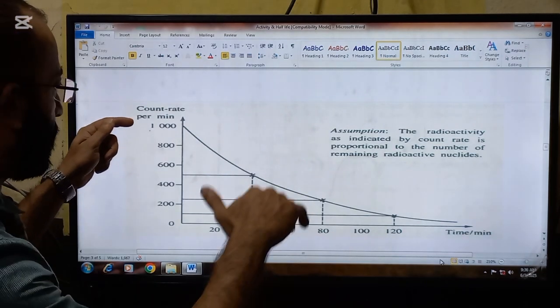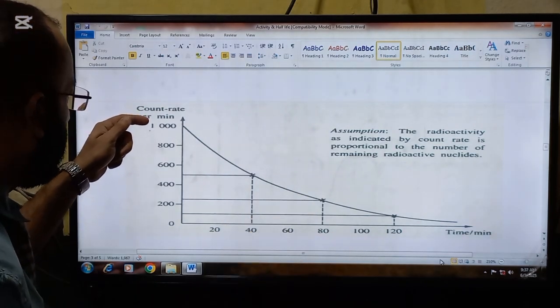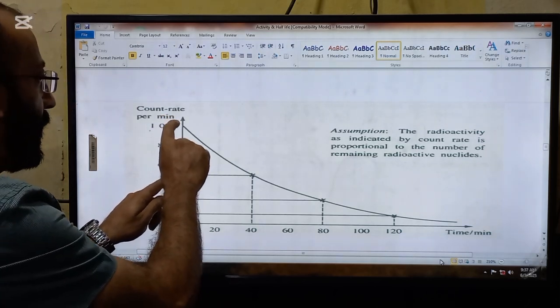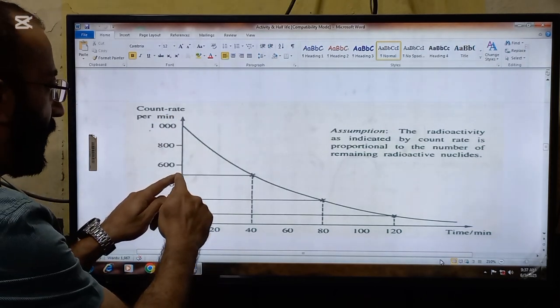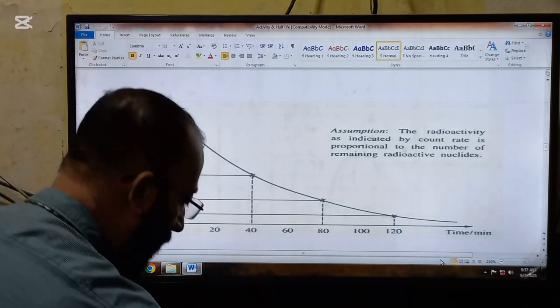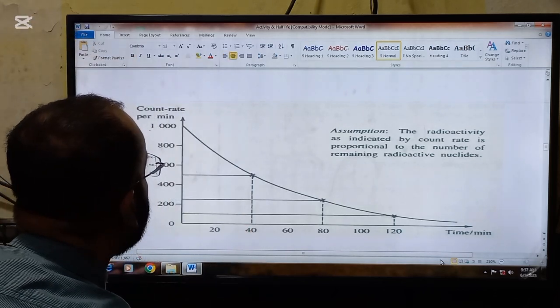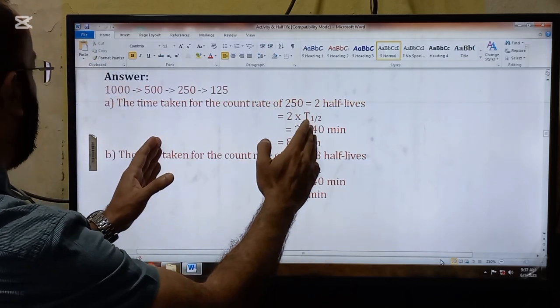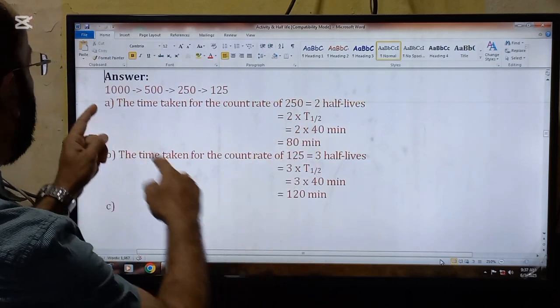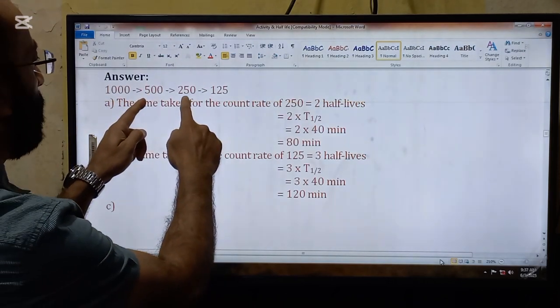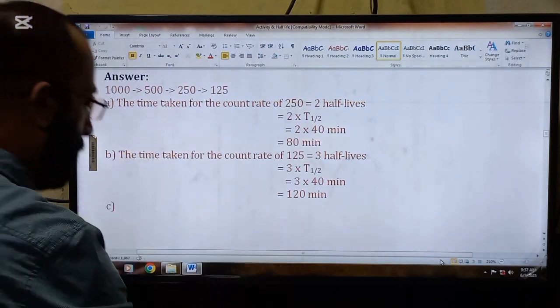So first was 1000 to 500, that is half of the count rate, which is taken by 40 minutes. Then 250 was 80 minutes, then this was 120.